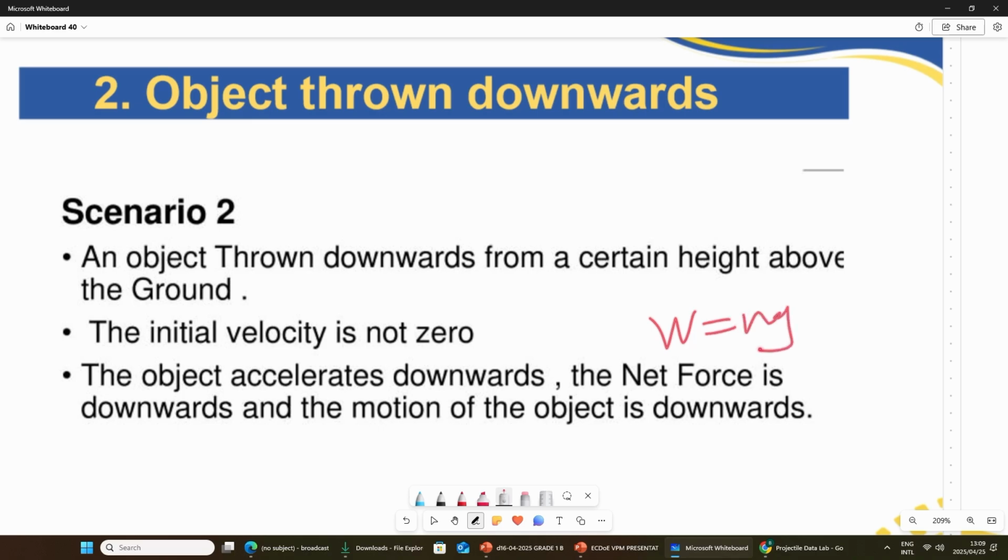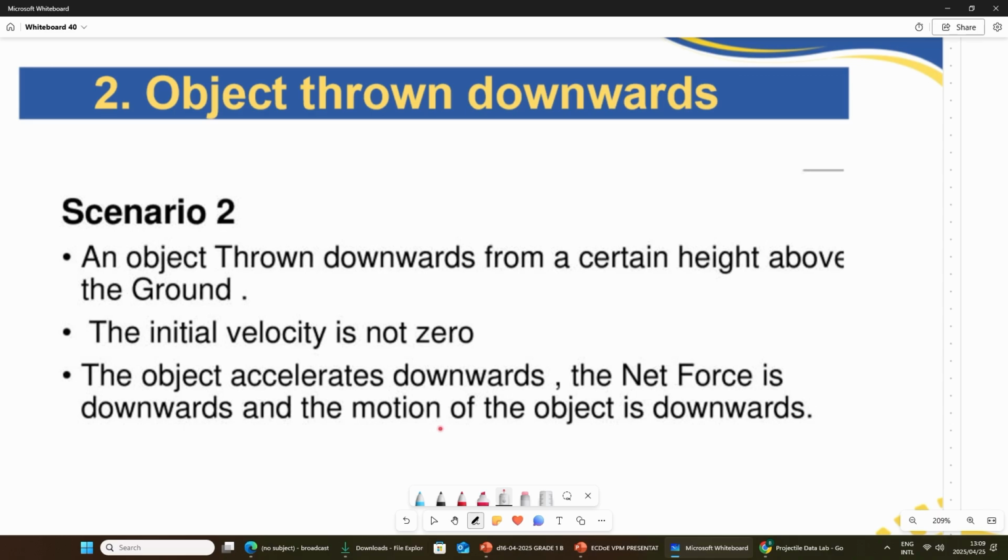That is the only force acting on that particular object as it goes down, so we regard that as the net force. The weight is always going downwards, so the net force is also going downwards, as is the motion of the object.